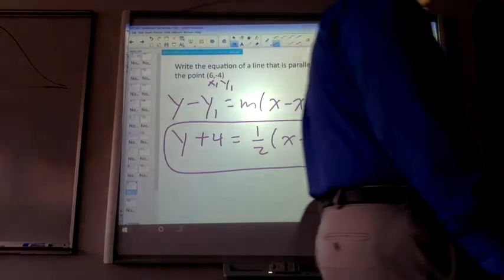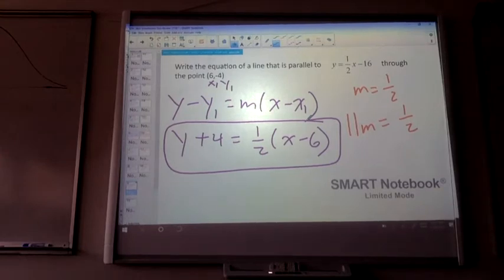I disagree. Why do I disagree? What's a key word that's in the very first part of the problem? Equation. Says, hey, find me the equation. Did we find an equation that contains that point and is parallel to that other line? Yes. So should we work further? No. I feel you should leave it just like that.